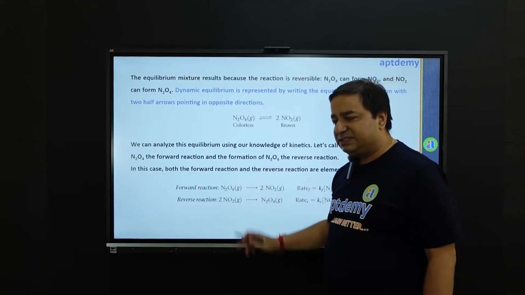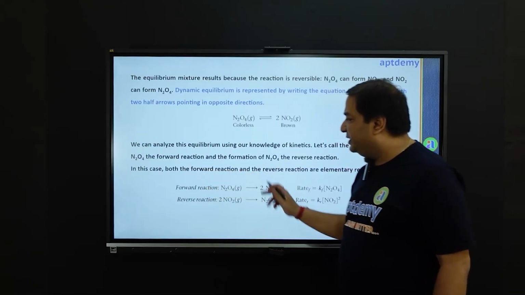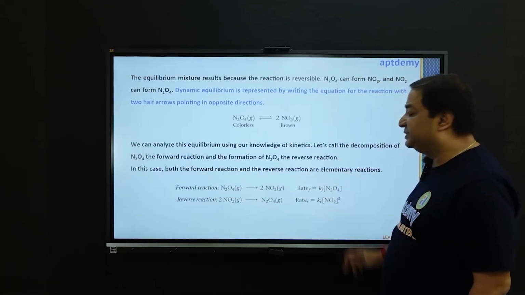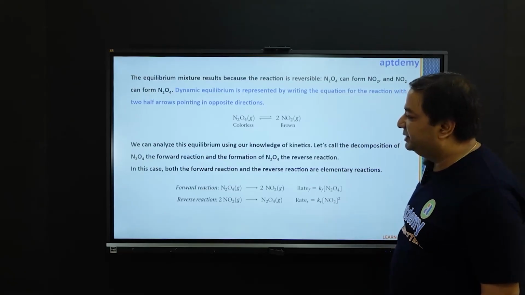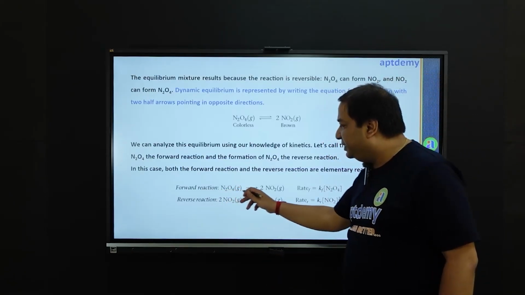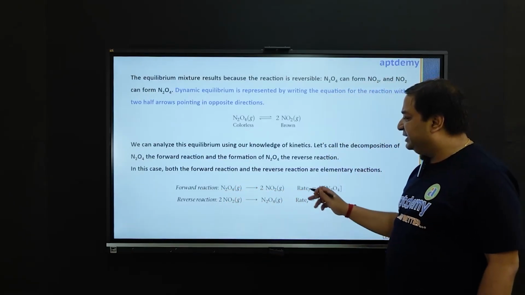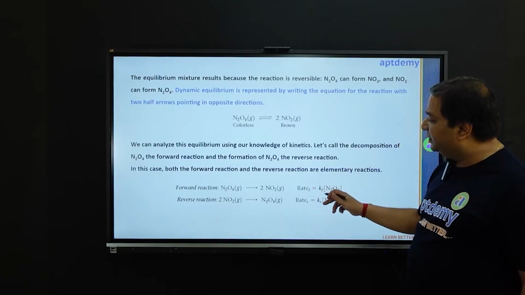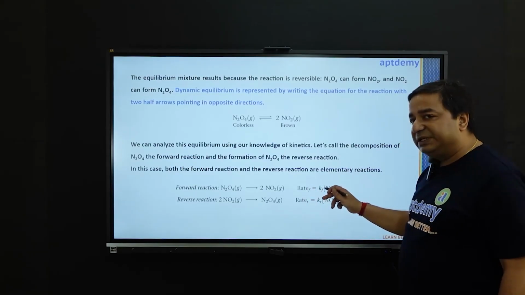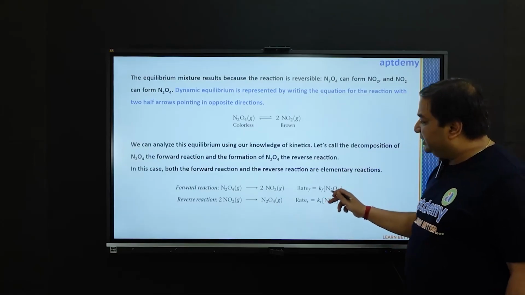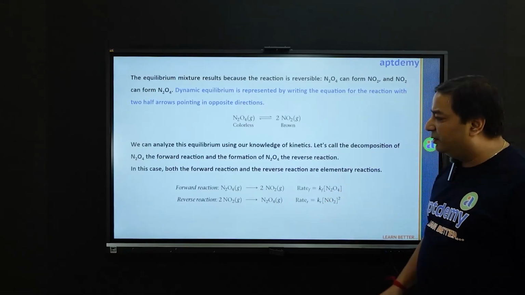In this case, both the forward reaction and the reverse reaction are elementary reactions. So the rate of the forward reaction equals kf, the rate constant, times the concentration of N2O4.